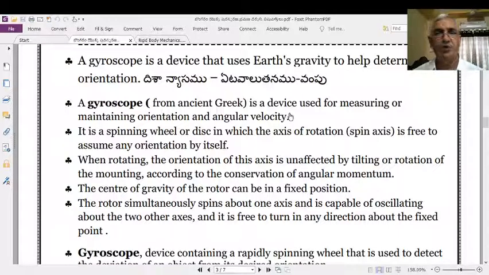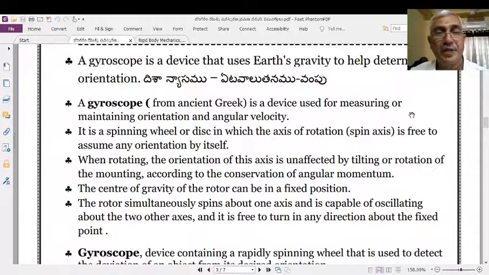It is a device used to measure or maintain orientations and angular velocities.